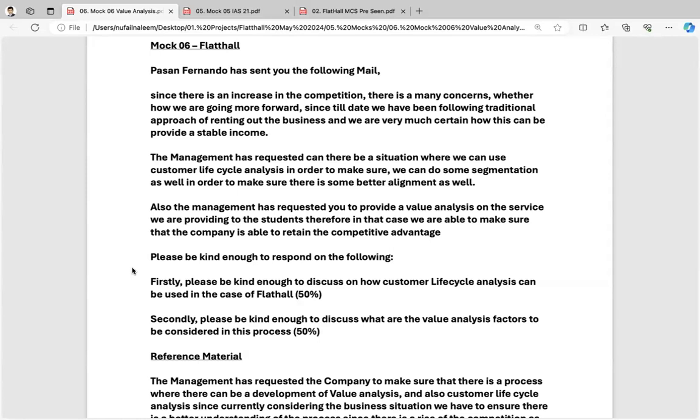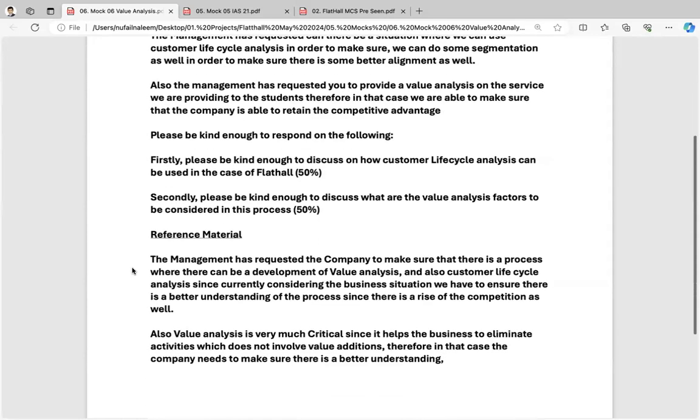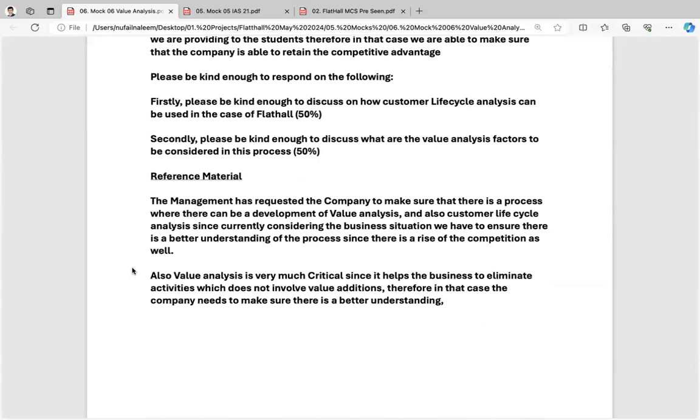Therefore, in that case, we will be able to make sure the company is able to retain the competitive position. The management has requested the company to make sure there is a process for the development of value analysis and also customer lifecycle analysis.